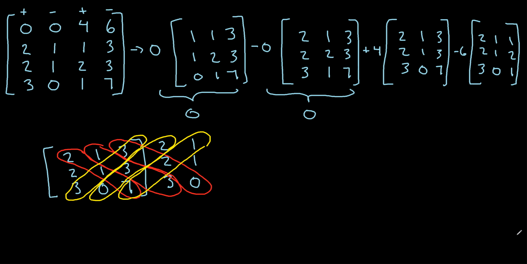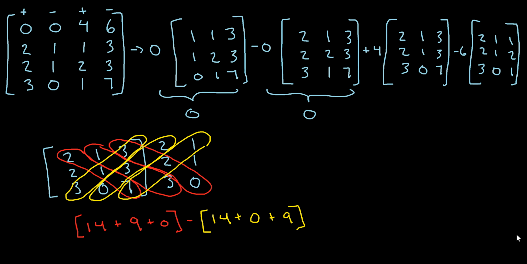Okay, so along the diagonals we get 2 times 1 times 7, that's 14. So we'll write 14 plus 1 times 3 times 3, that's 9, plus 3 times 2 times 0, that's 0. And then we'll subtract the anti-diagonals. So we get 1 times 2 times 7, that's 14, plus 2 times 3 times 0, that's 0, plus 3 times 1 times 3, that's 9.